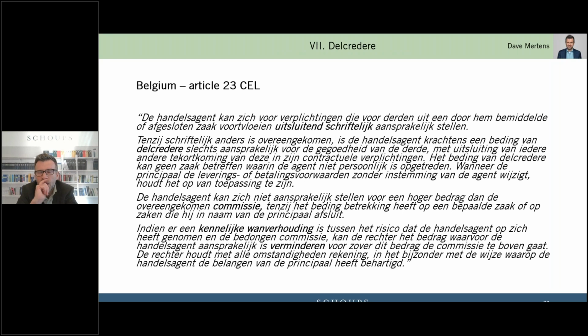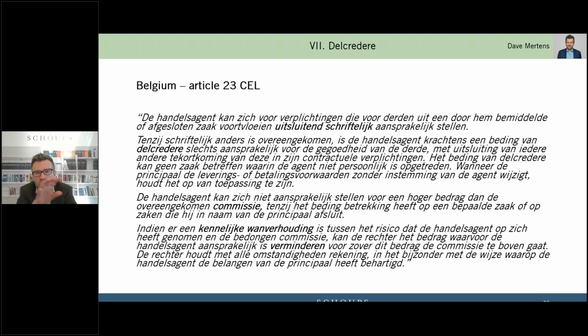The creditor, very briefly. As a rule, you as a commercial agent have the risk of the client not paying, in the sense that you can put in your contract, you only get paid as soon as the customer pays. You could put that. To that extent, well, you could be liable. But if the client goes bankrupt, fails to pay his invoices, that's the problem for the principal.